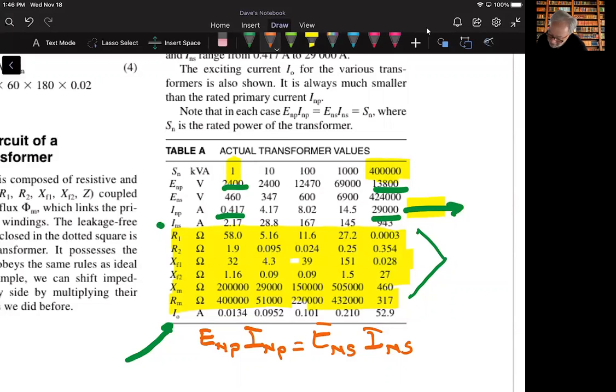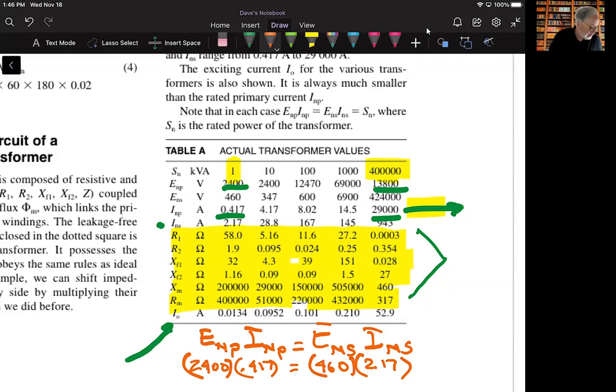We can walk through one. I know you believe everything I say, but anyway, if I choose the first one, E_NP is 2400 and I_NP is 0.417. We're saying that E_NS on the secondary side, 460, times I_NS, 2.17, is going to be equal.